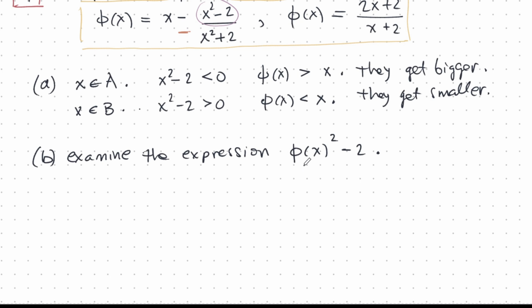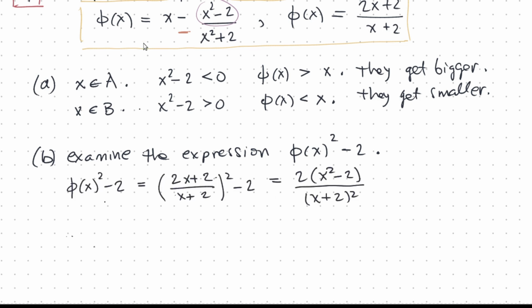Let's examine this expression, phi of x all squared minus 2. So with a bit of algebra, I get this. And notice that here I used, let's use color to highlight this, here I used this second Rudin expression for phi. All right, that was convenient to use, and now I have the form that I want here on the right-hand side. So now let's choose x in A. What happens when x is in A?